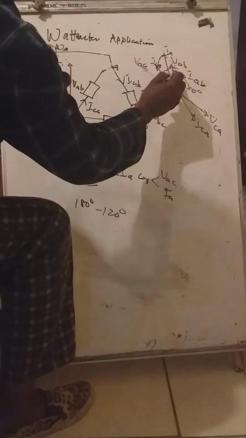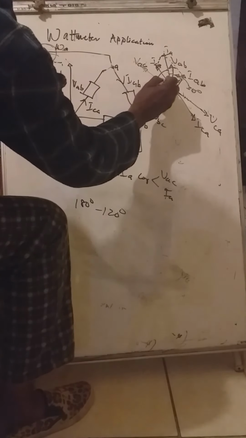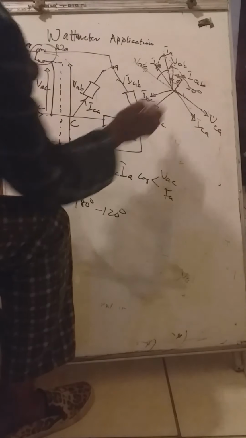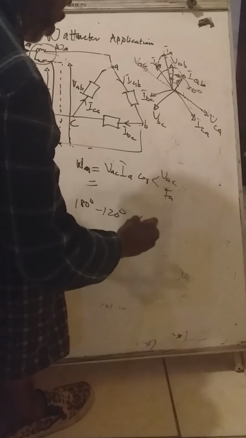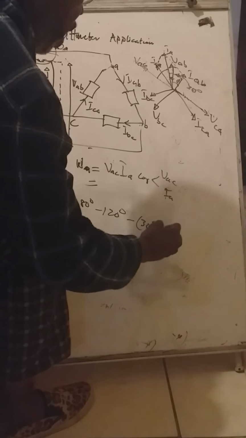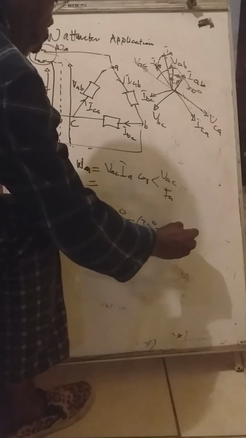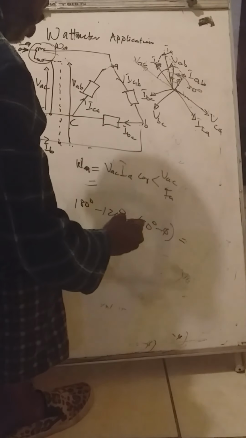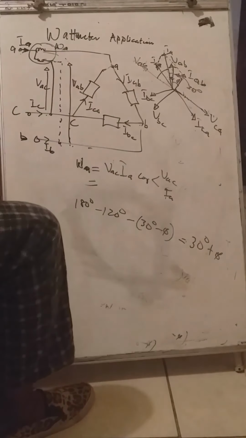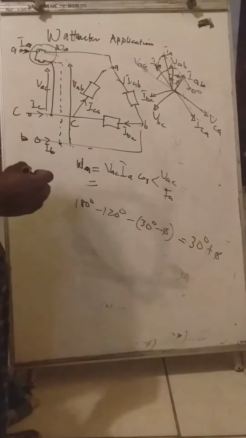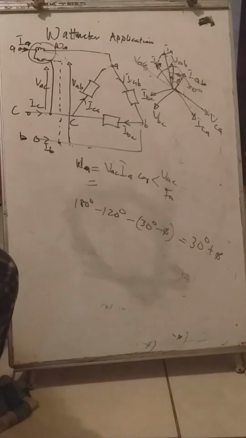Then we have taken away this, and it remains this. We want to take away this one, which is 30 degrees minus phi that we calculated. So this will give us 60 minus 30 plus phi, which is 30 degrees plus phi. So between VAC and IA is 30 degrees plus phi.